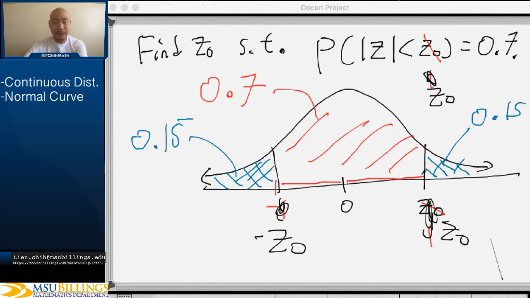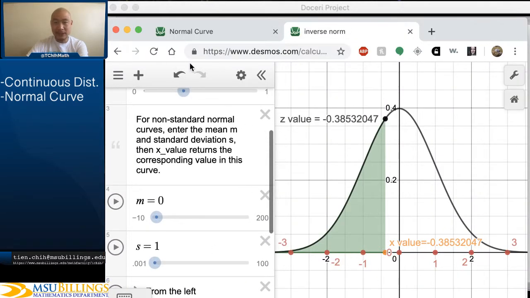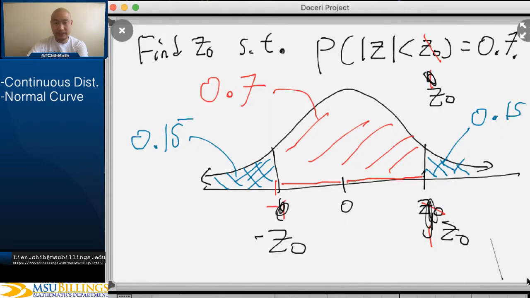All right, so now that we've established all of that, we can take a look at our calculator here. Based on what we saw, we have a lot of different ways to try to figure out what z naught and minus z naught are.